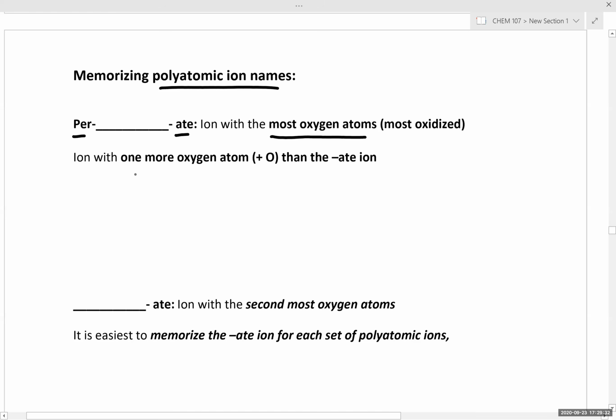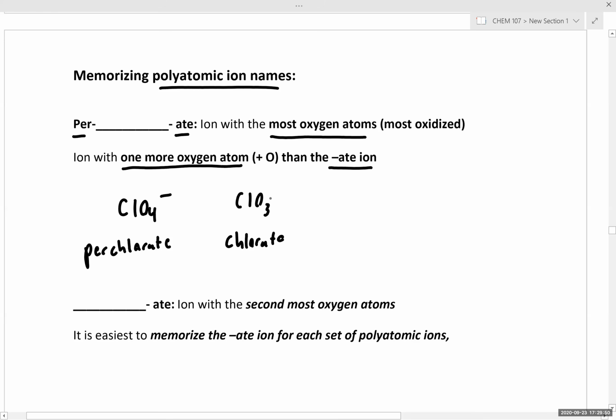In other words, it indicates the ion with 1 more oxygen atom than the ate ion. So for example, perchlorate has the formula ClO4-, while chlorate has the formula ClO3-.